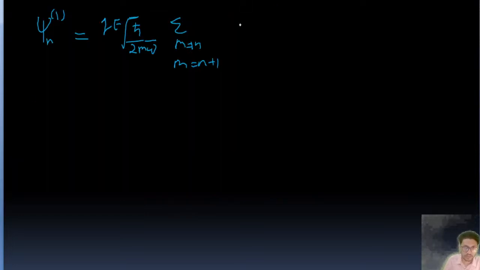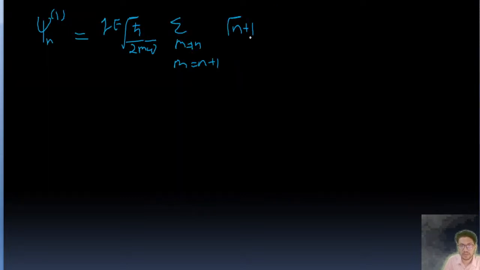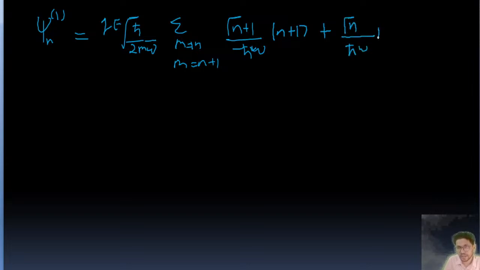First state. So this value is going to be root n plus 1, root n plus 1, this one, root n plus 1 upon minus h cut omega, plus, and there is a state m is n plus 1, this is n plus 1, plus root n upon h cut omega, this is n minus 1.